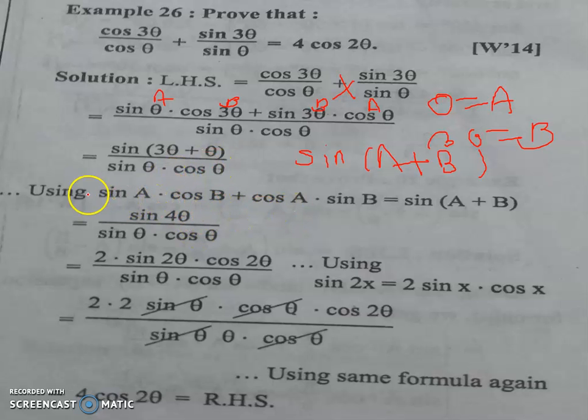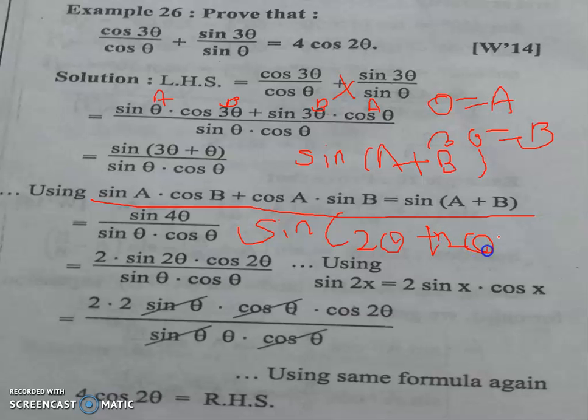So we have to use exactly sin A cos B and sin A minus B. Okay, we understand that. Now sin 4 theta upon sin theta into cos theta. We have to know how to expand sin 4 theta. So I use here sin 4 theta, I write 2 theta plus 2 theta. Okay.